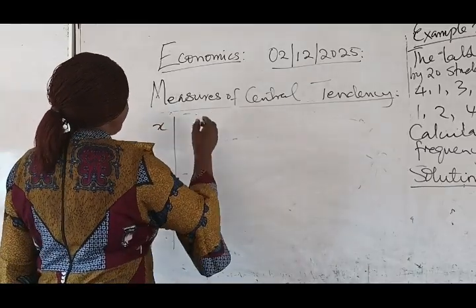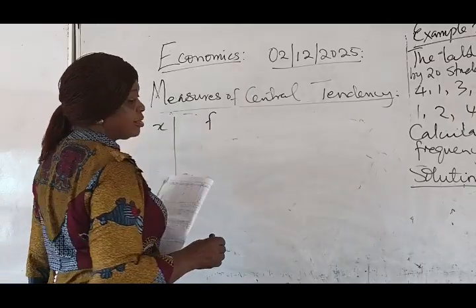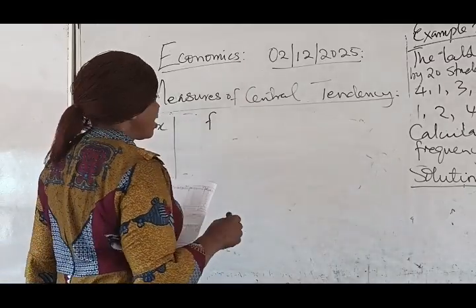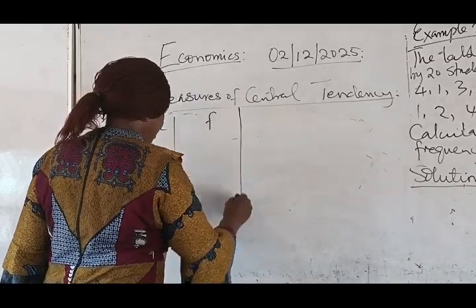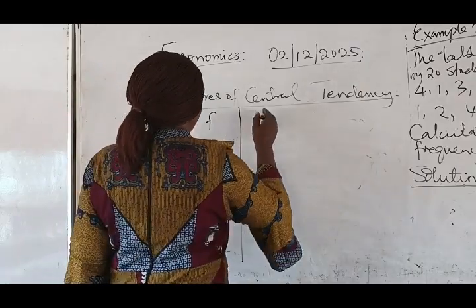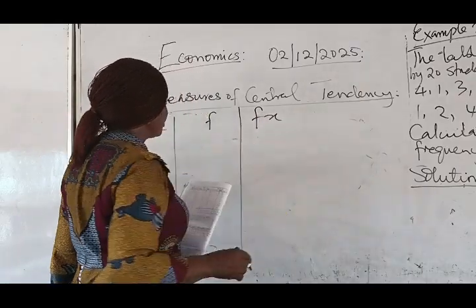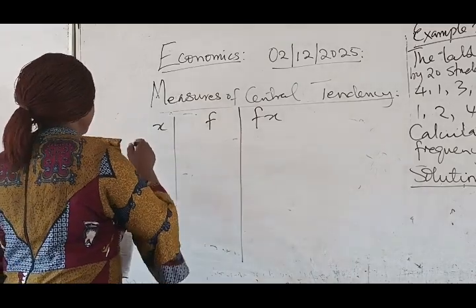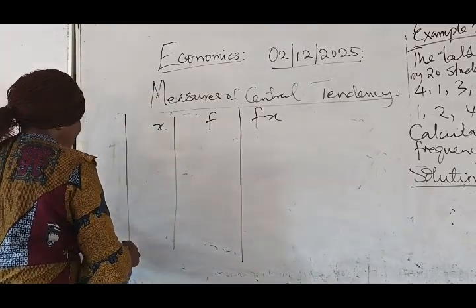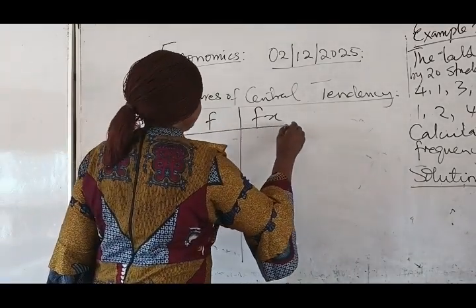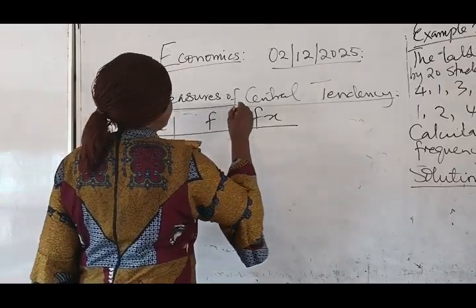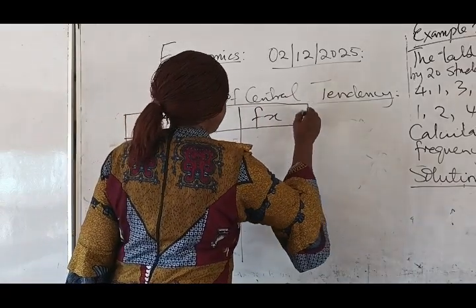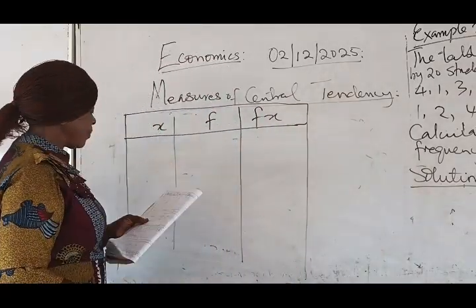We have frequency. That's the number of times each number appears. Then we have f of x. f of x means frequency multiplied by x. So here we have a table like this.